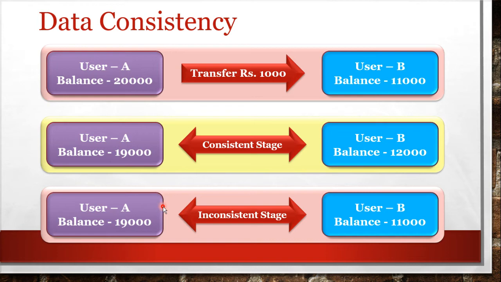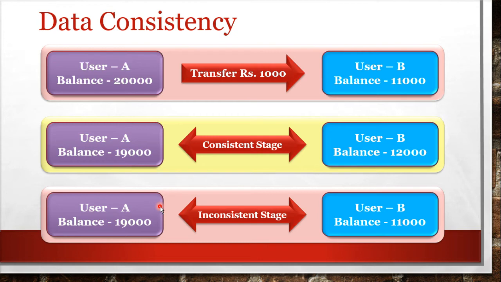Anybody in life must have experienced such inconsistency in transactions. But what the DBMS does is, if the transaction is not completely executed and the DBMS would be left in an inconsistent state, the transaction is rolled back. The amount is reflected back to user A's account after some time, after 24 hours or 48 hours.